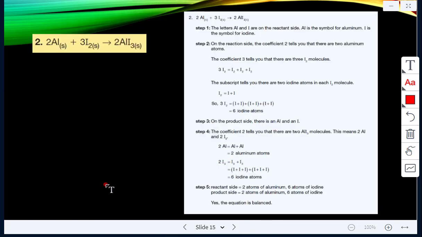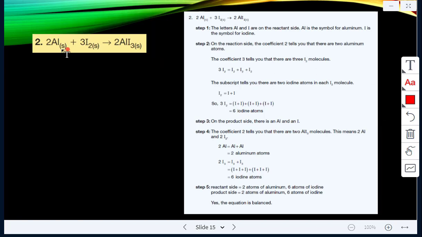All right, let's take a look at our next example. We have Al plus I2 producing AlI3. And we also see coefficients here of 2, a coefficient of 3, a coefficient of 2. So first step, what elements are on the reactant side?